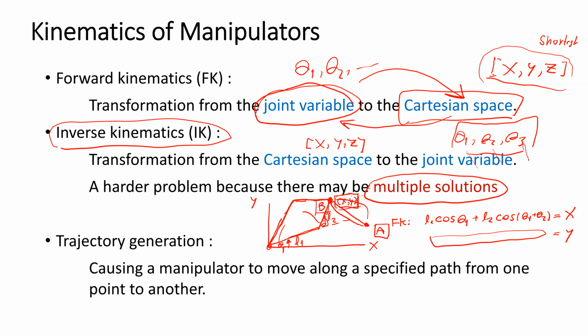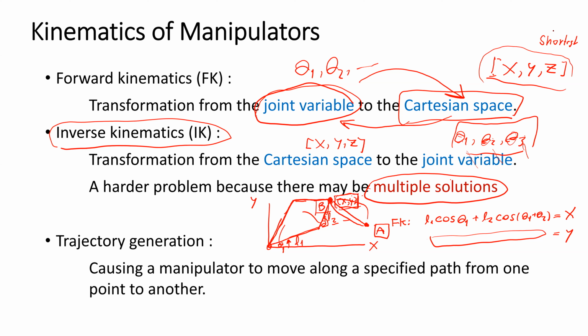The robot may prefer to move with the shortest possible angle, right? Because it consumes time to move each joint by the actuator. It consumes time and energy to spend on the actuator.